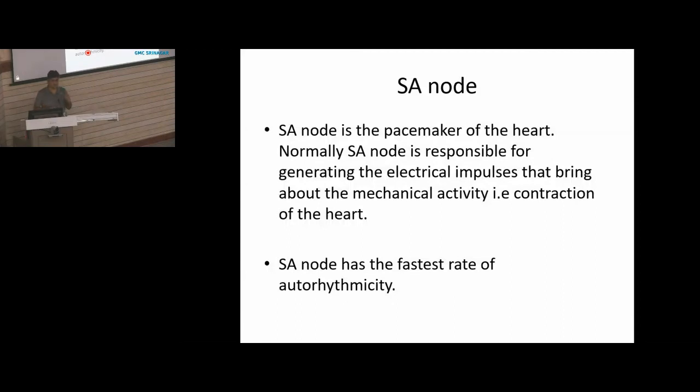So what I mean to say is that intrinsic impulse generation capacity of SA node is about 100 to 110 impulses or action potentials per minute. But in human body, under normal conditions, this SA node is always under a constant vagal influence.